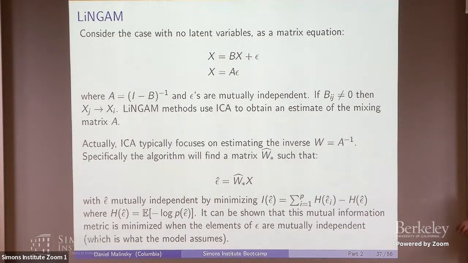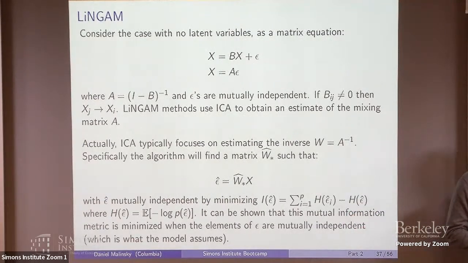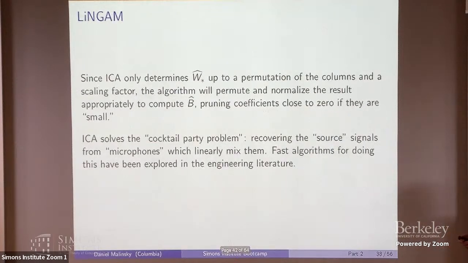The way it does that depends on the details, but it's usually based on minimizing a mutual information metric between the vector of error residuals. It usually requires some model for estimating those mutual information pieces. But that's what ICA-LiNGAM basically does.